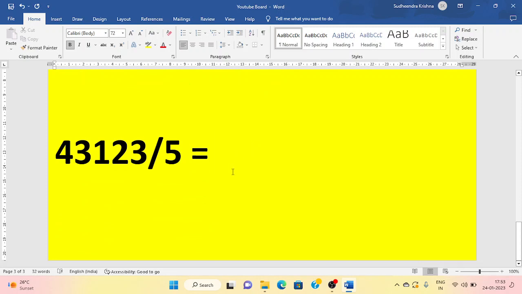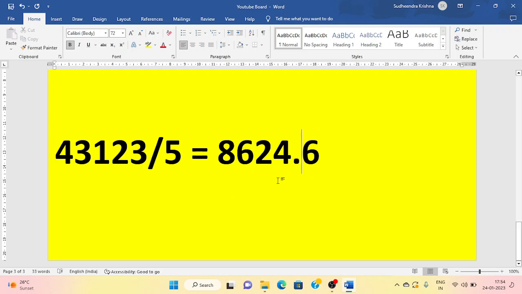Now let us see the last example. 43,123 divided by 5. So 43,123 into 2 is equal to 86,246. So 86,246 is the result of multiplying 43,123 by 2. Now from the right side you leave one digit and put a dot.